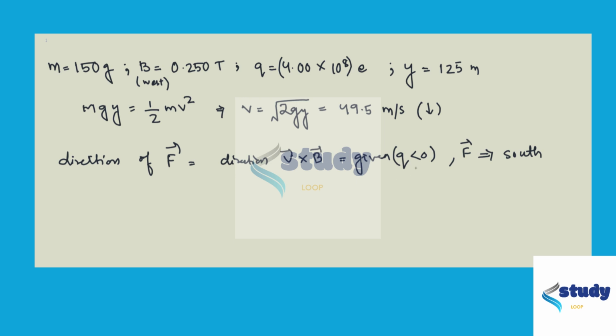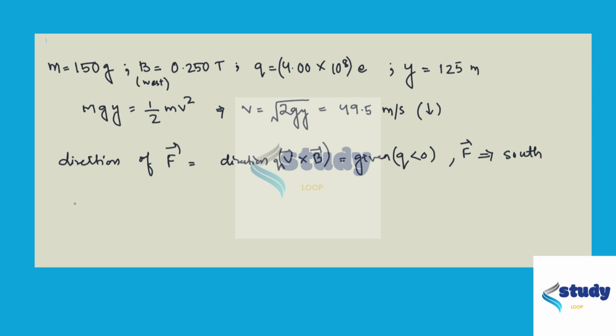Now, we know that here, since q is 4 times 10 to the power 8 times the charge of the electron, which is negative, force should point towards south. So this is, let's write, this is q times v cross B because it also depends on the sign of q.